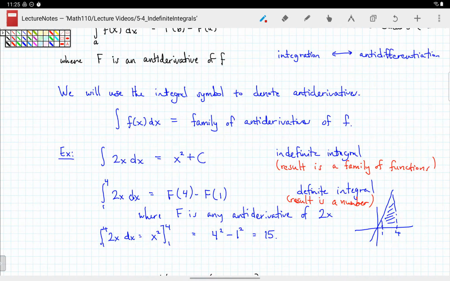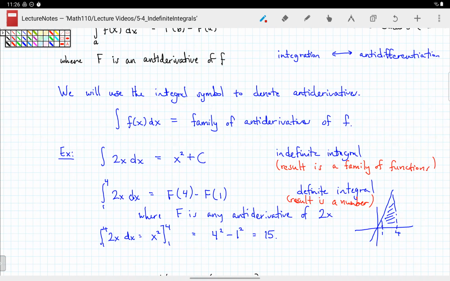And then we had all of these rules of, like, if you know the derivatives of these functions, here's how you find the derivatives of their sum or their product or their quotient or their function composition. Integration is different. Anti-differentiation is different.